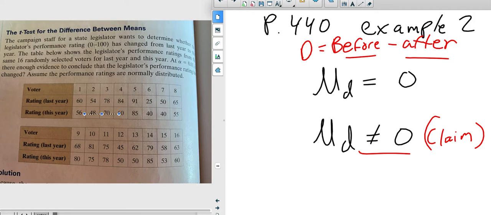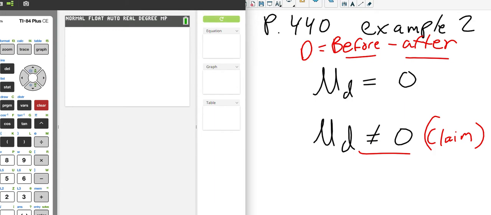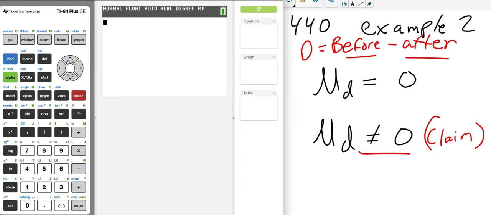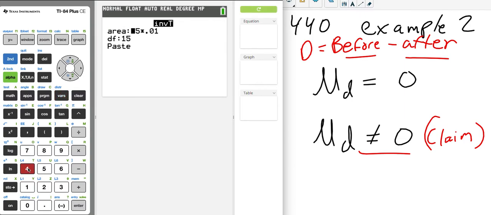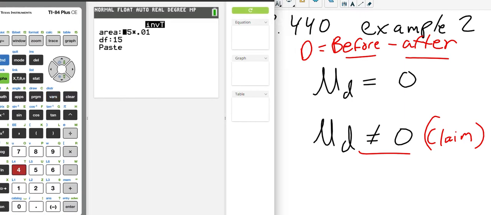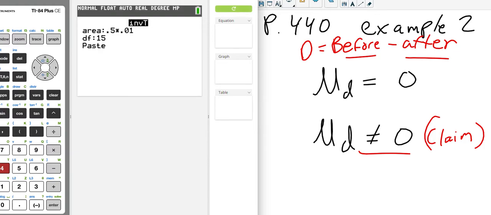So we're going to use inverse t to find our critical values, if you want to go that route. So the critical values would be inverse t, number 4. All right, so here's what I got in there.